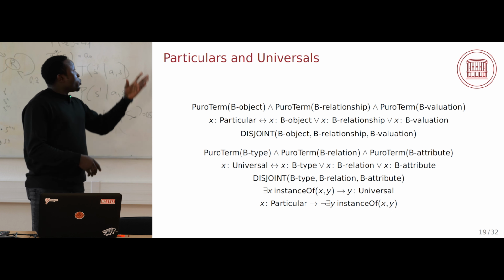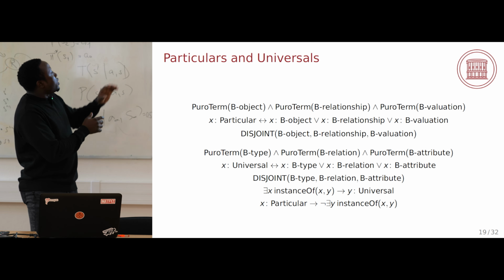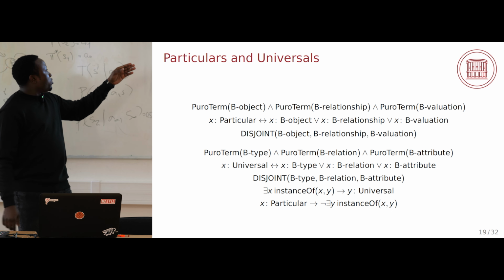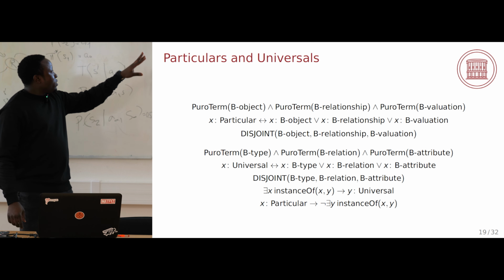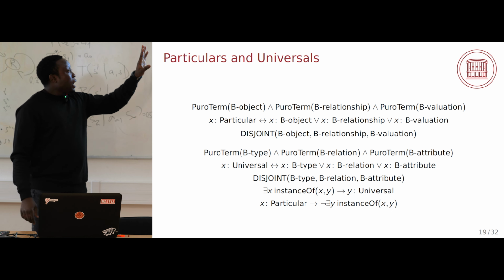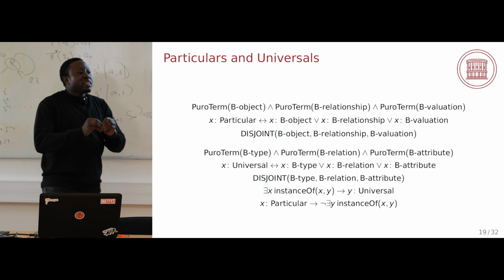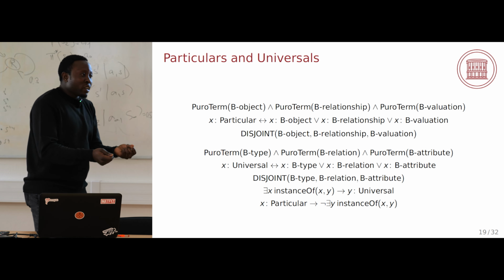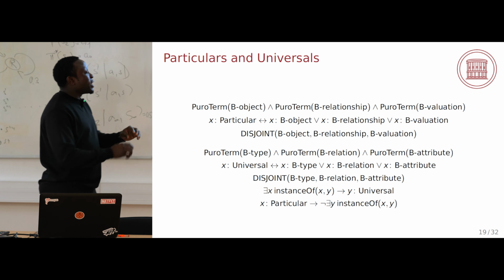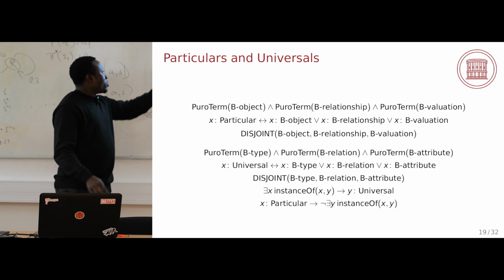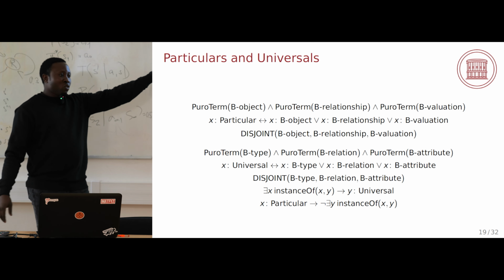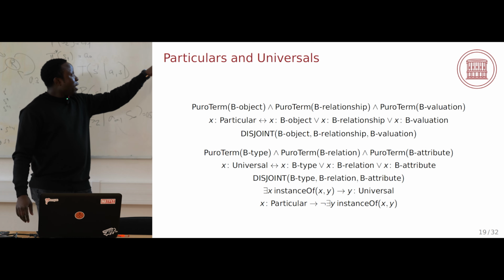Now, in the formalization, we said the Puro terms are more of B objects, B relationships, and B valuation. Now, these are particulars, because when we say particular, they have no instances. You can't instantiate them, and they are disjoint terms also. So this is more like the logical formalization of how we formalize these particulars in Puro terms.